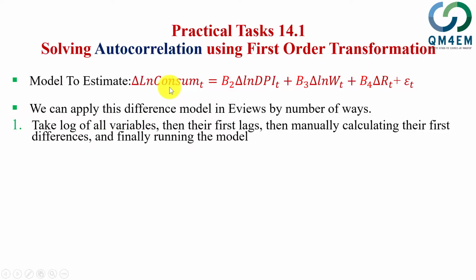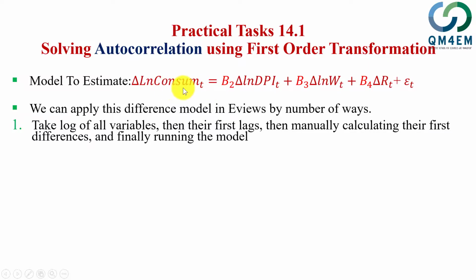I have the consumption variable, I will take the log of consumption, then the log of disposable personal income, log of W, log of R, then I will take their first lag. So the log of consumption lag, then the log of disposable personal income lag, then the log of W lag, only real interest rate lag, and then I take their first differences.